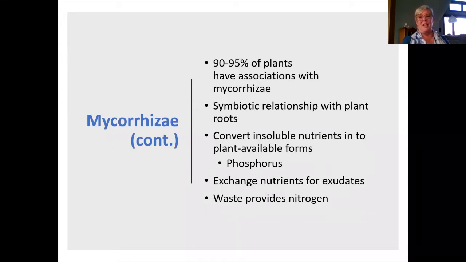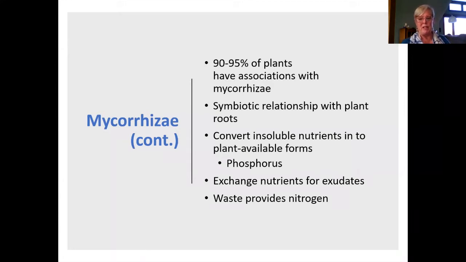Like I said, 90 to 95% of plants have associations with them, and there are hundreds of species of mycorrhizae. There may be more than that, but there's lots of variety in the different species that they know of. And they help convert insoluble nutrients to plant-available forms, and they're especially important in making phosphorus available to plants.